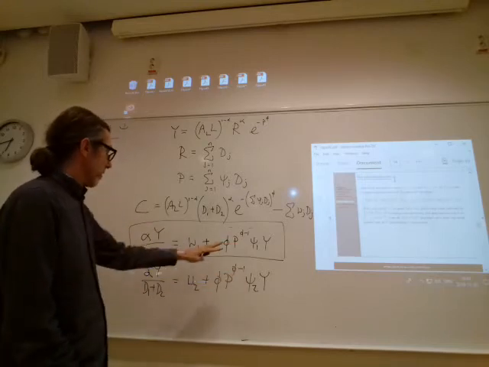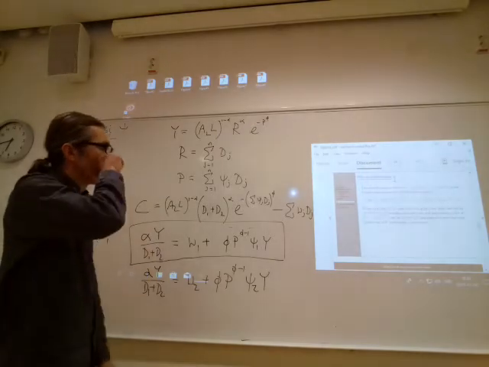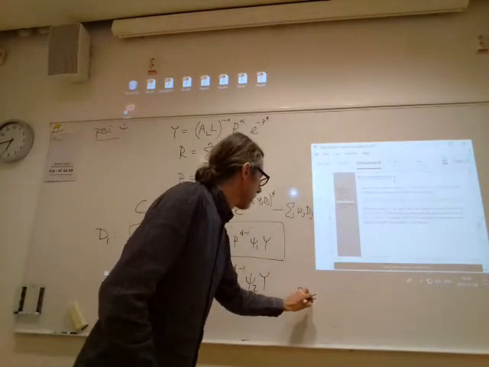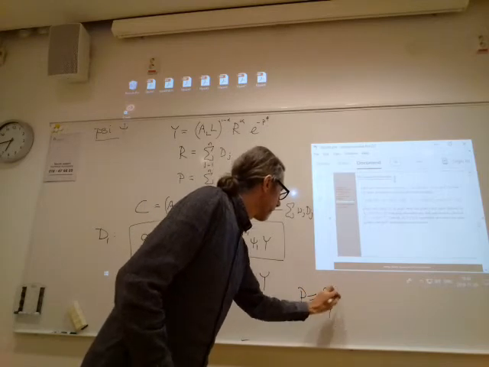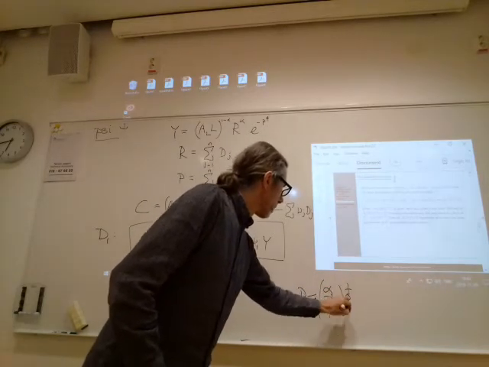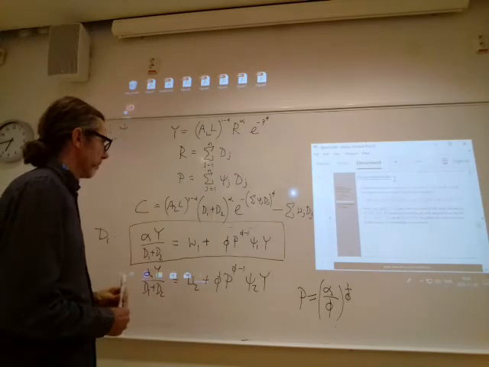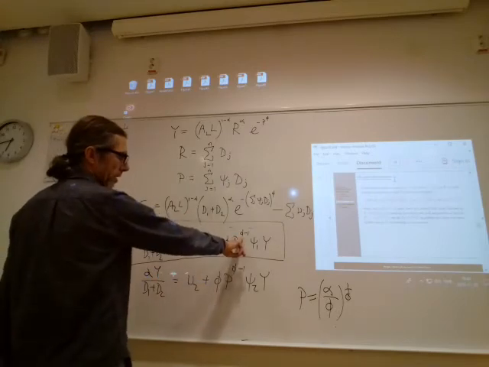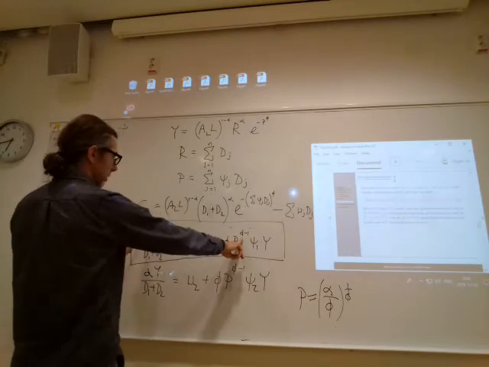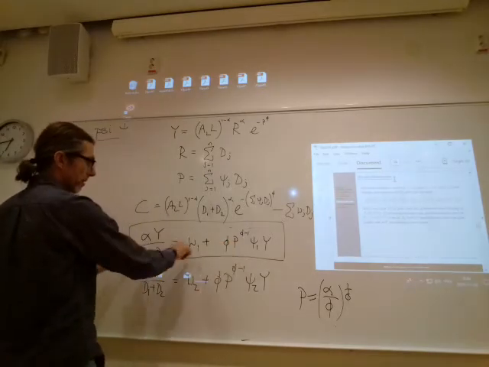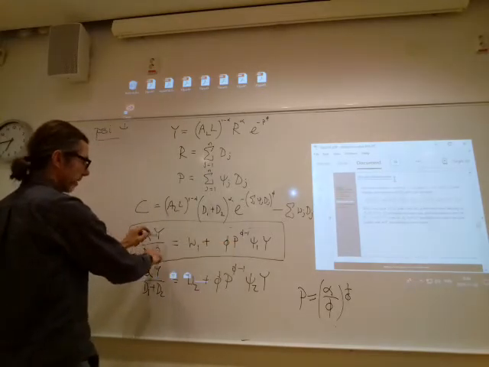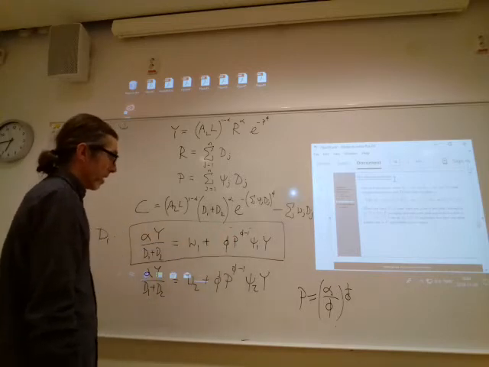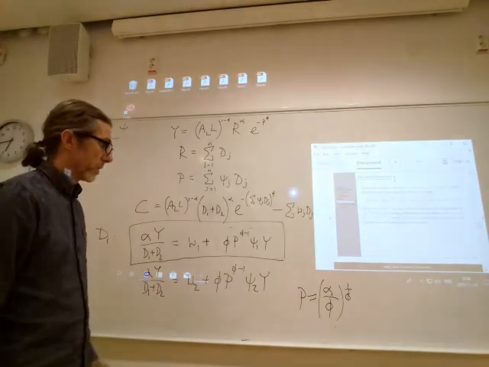So things end up cancelling out pretty nicely, and you end up with P to the phi is alpha over phi. Everything else cancels out using the definitions and so on.